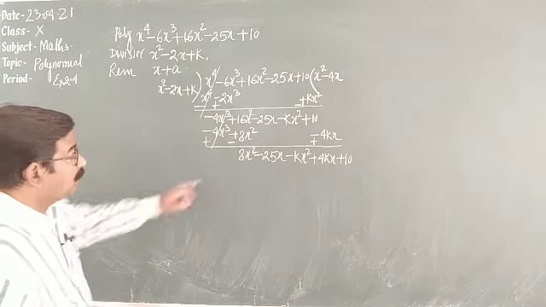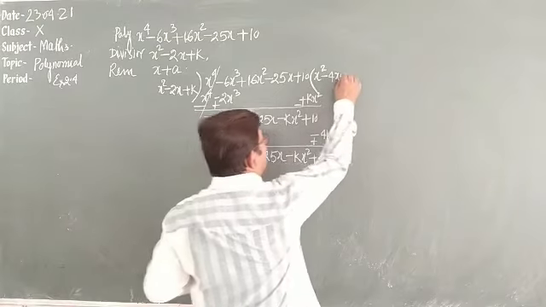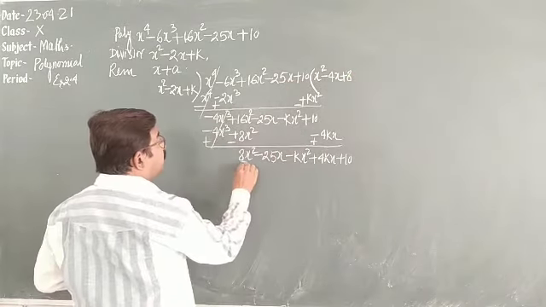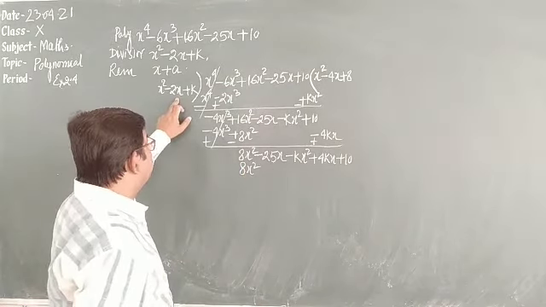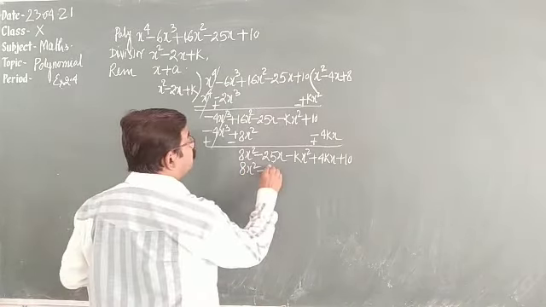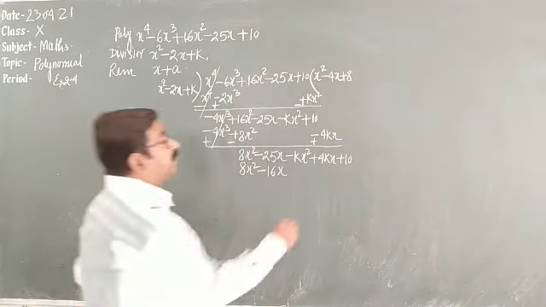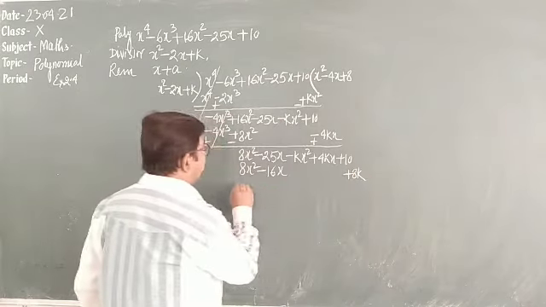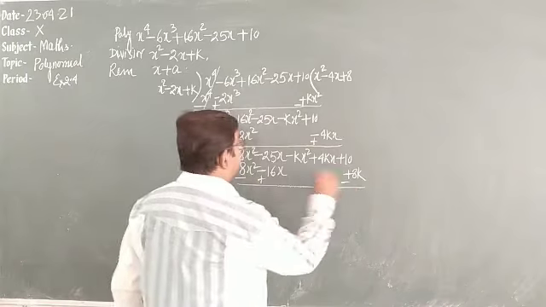Now this is 8x square. Here we have x square, so plus 8 times. 8 into x square is 8x square, 8 into minus 2x is minus 16x, and 8 into k is plus 8k in the last. Subtract: minus, plus and minus.